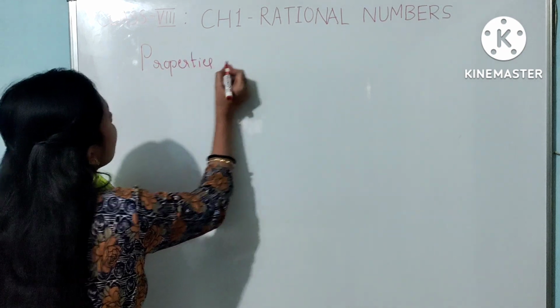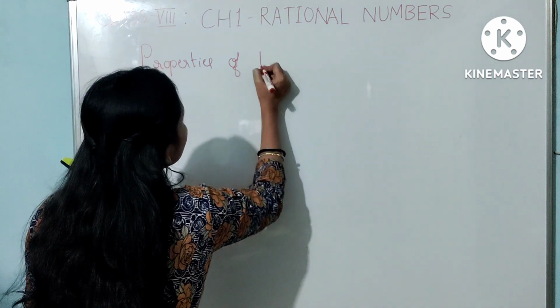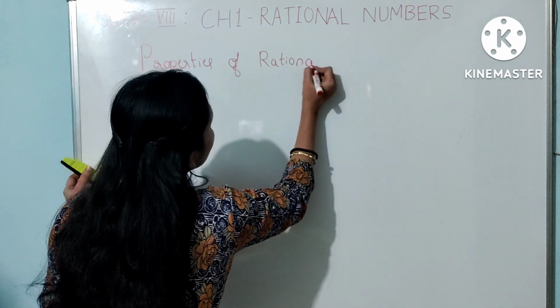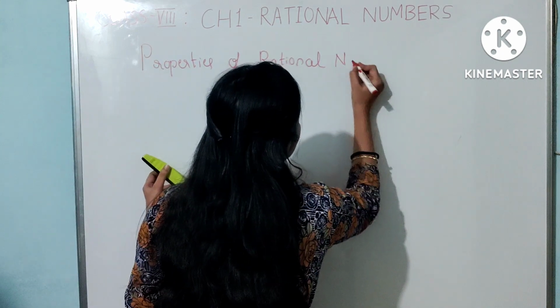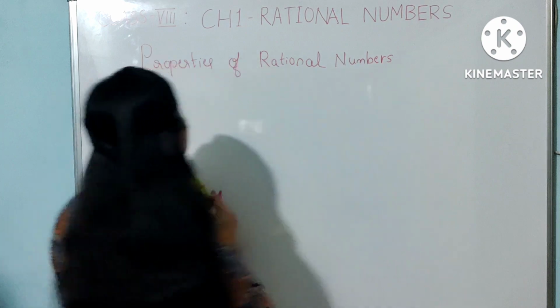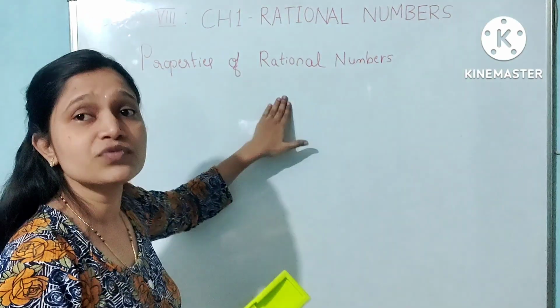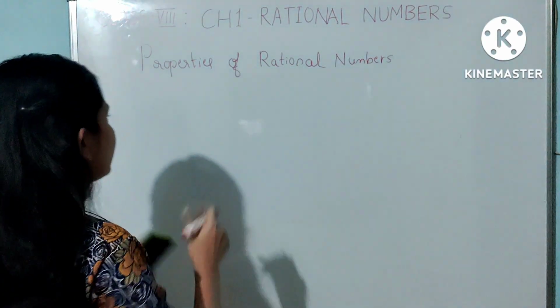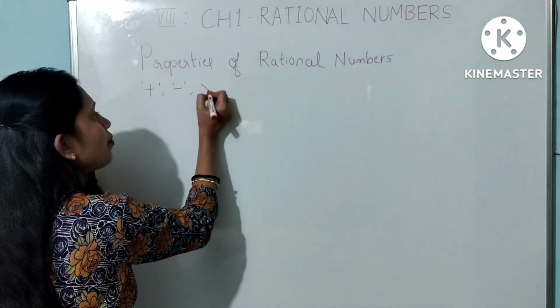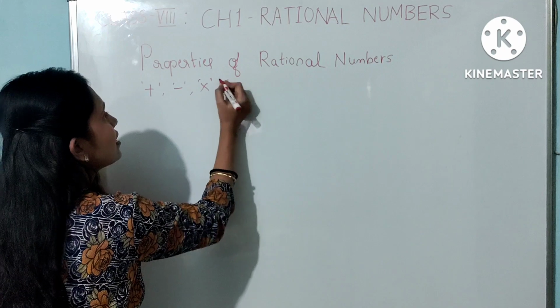The properties of rational numbers we check with the 4 operations, that is addition, subtraction, multiplication and division.